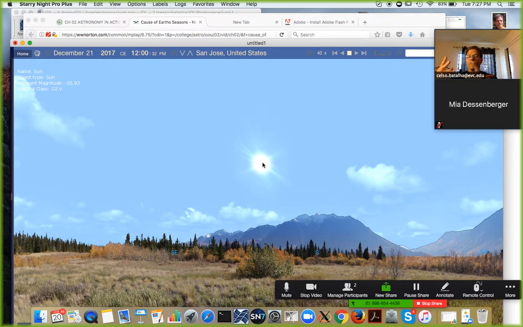That's the main issue. The second issue is, even when the sun is above the horizon, the amount of energy given to a square inch of any surface on Earth is much less than in the summertime. So you have less energy per square inch, and you have less sunlight during daytime.